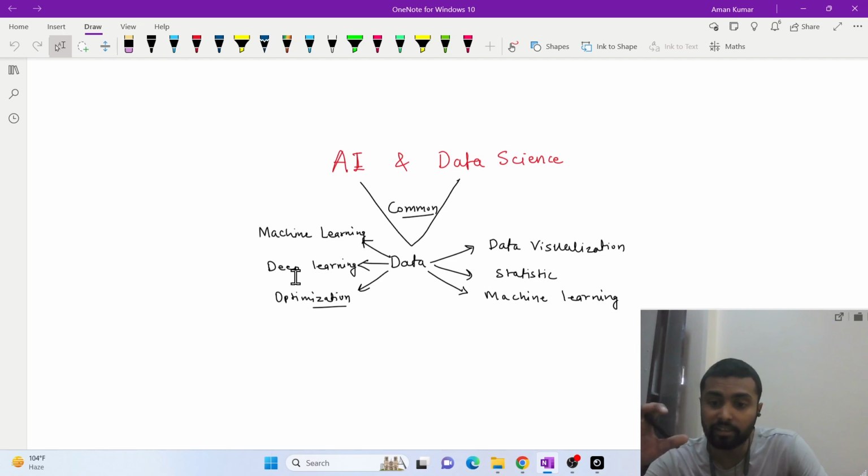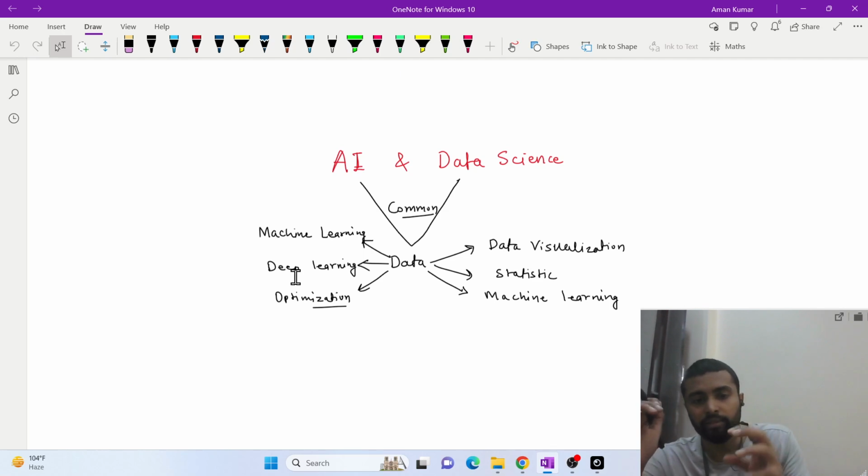Data science is just part of that AI, to be honest, right? And AI is really a big thing. Right now, of course, data science is in higher demand as compared to AI. But in the coming years, of course, AI can beat any field, any domain. That is the final conclusion I want to give.